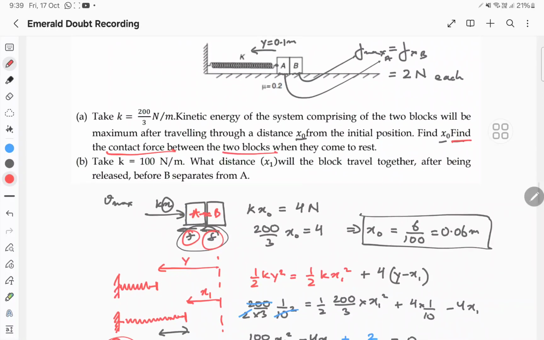Next part of the question, take K is equal to 100. So they have now increased the K value from 67, excuse me, to 100. What distance x1 will the block travel together after being released before B separates out from A?